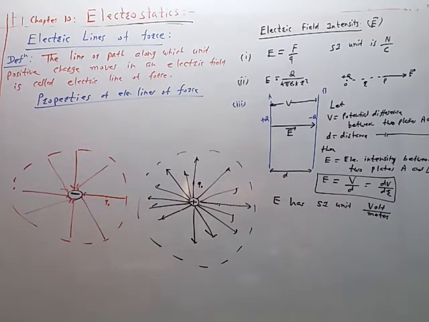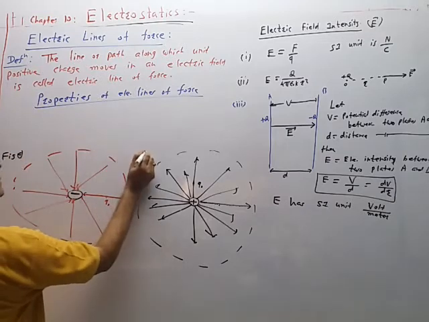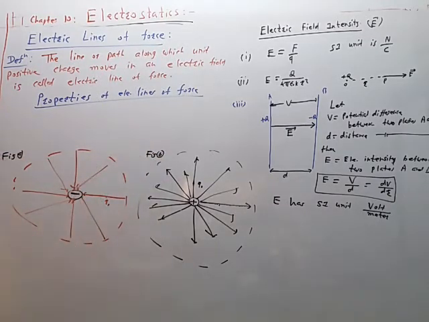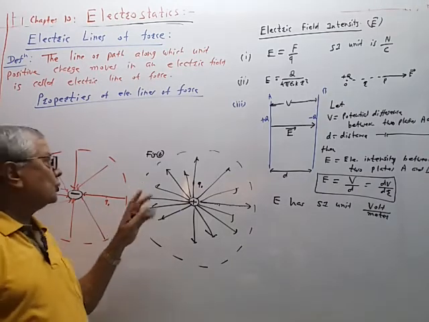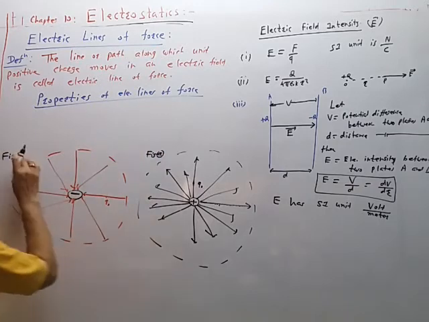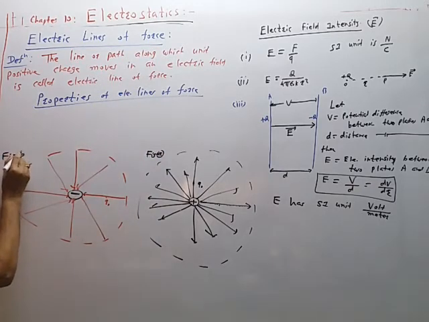And for that purpose, by considering these two figures, we can give the first property. So, figure A, figure B. These two figures give the two properties of lines of force. We will combine them.